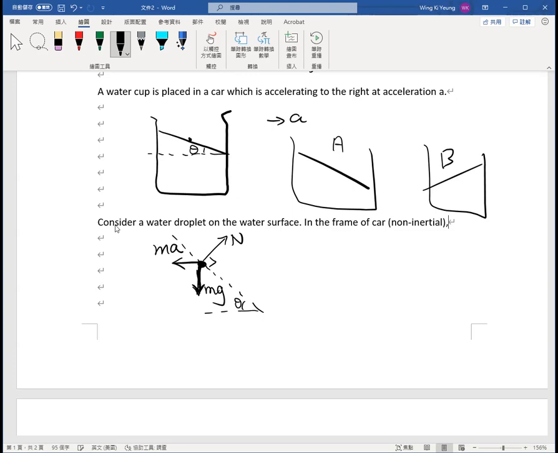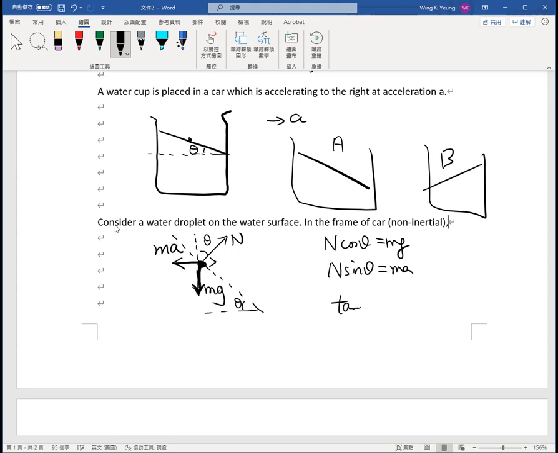This angle is theta. And this angle is also theta. Now in the frame of the car, the water droplet is at rest. Then these three forces will balance each other. For the vertical force, you can write N cosine theta equal mg. For the horizontal force, you can write N sine theta equal ma.